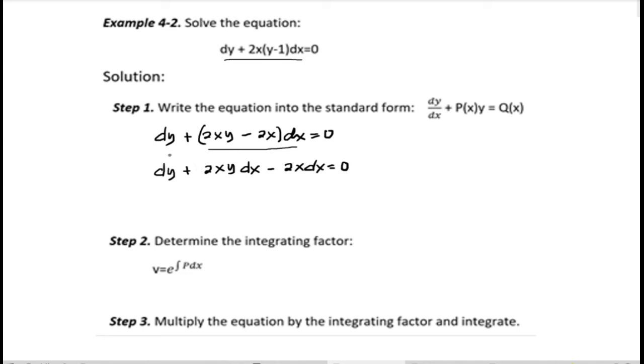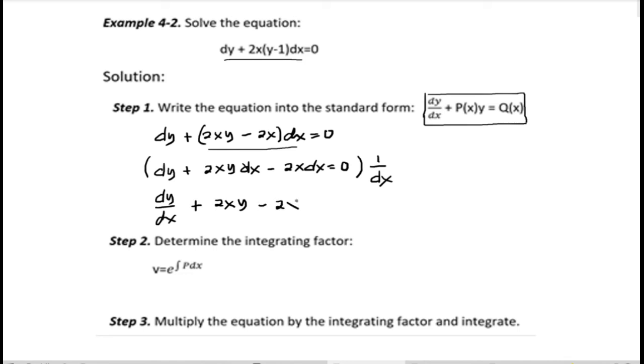Then we are going to multiply this by 1 over dx. Remember, we are going to come up with this standard form. So we have now dy over dx plus, this is cancelled, so we have here 2xy, and dx here is also cancelled, that is minus 2x is equal to 0.